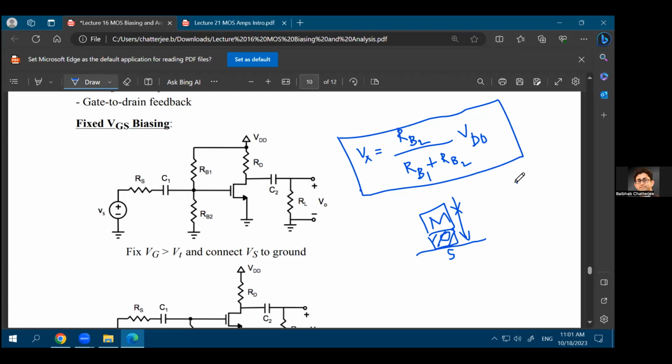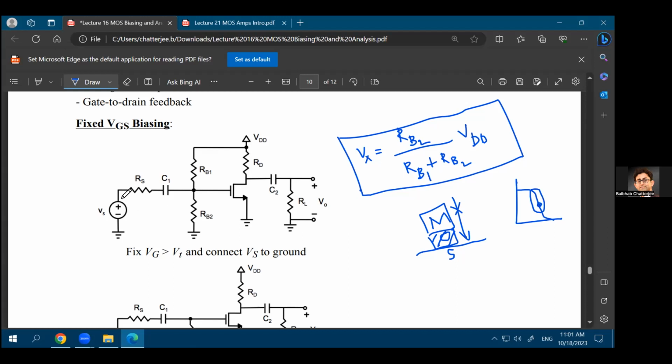Remember that from the voltage transfer characteristic, the VTC, you know that you can expect gain only in the middle region of the VTC, which means that when you create an op-amp with your transistors, you have to bias the transistor near the middle of your VTC range. So if your RB1 and RB2 are similar, your Vx will be VDD over 2, and that's the point where you will bias your transistor.